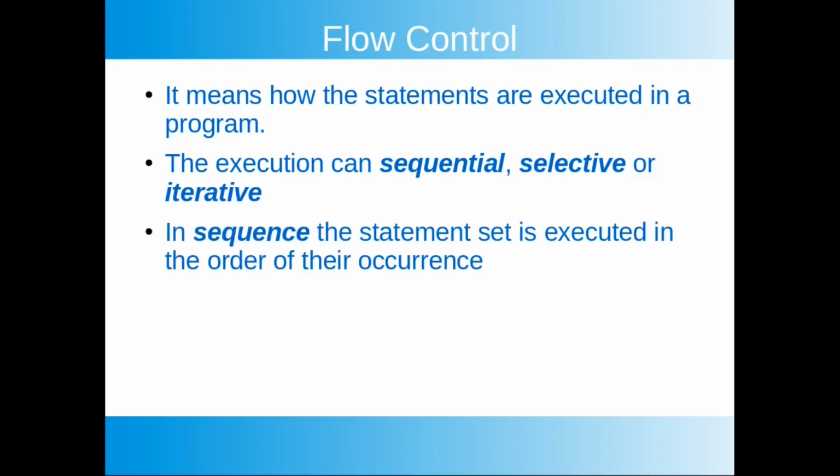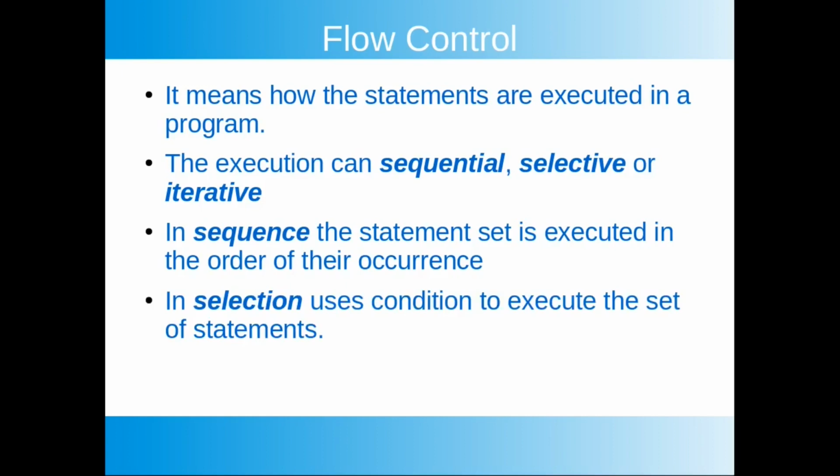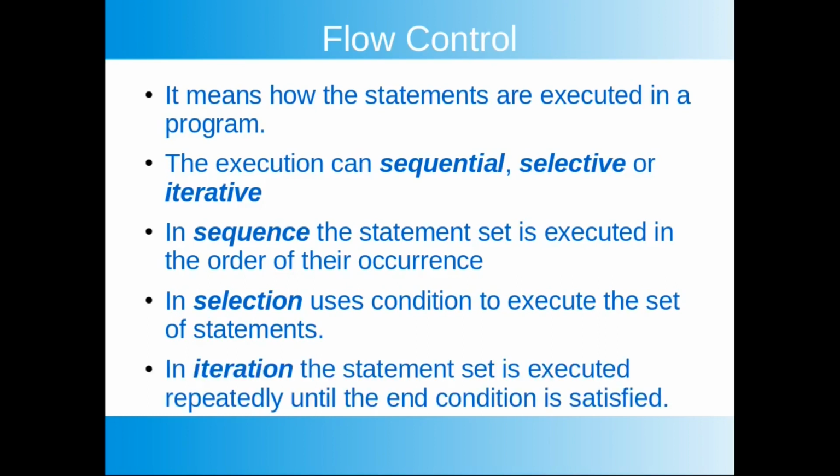In sequence, the statement set is executed in the order of their occurrence. In selection, it uses a condition to execute the set of statements. And in iteration, the statement is executed repeatedly until the condition is satisfied. So let us dive into these constructs one by one.